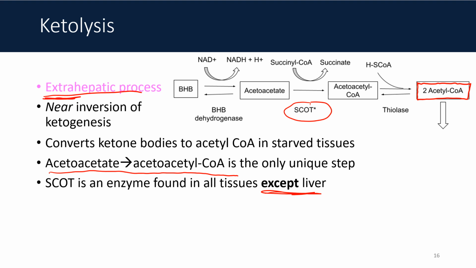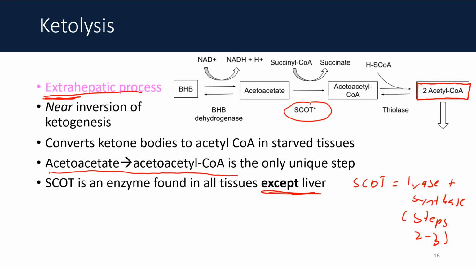SCOT, what it's doing is the reverse of the liver's combined HMG lyase and HMG synthase steps, all in one fell swoop. So SCOT is basically the equivalent of the lyase plus synthase, steps 2 through 3.